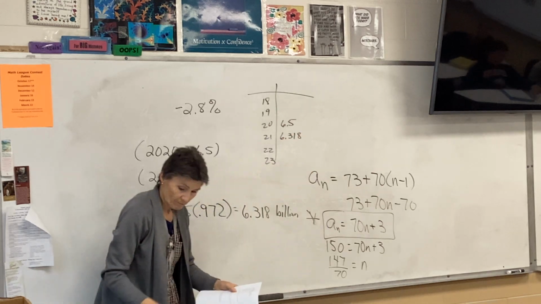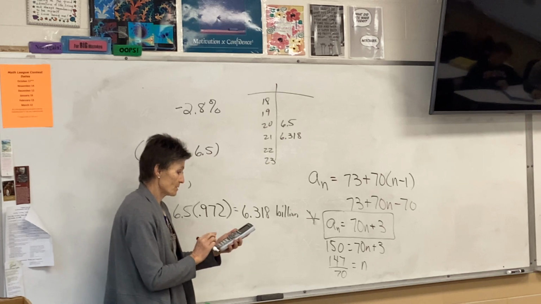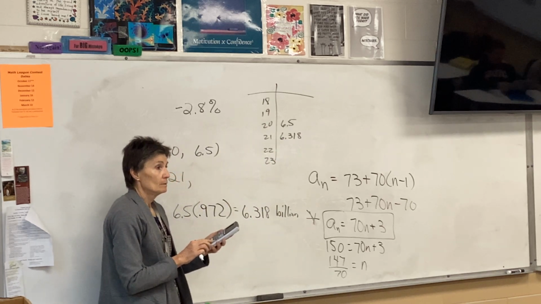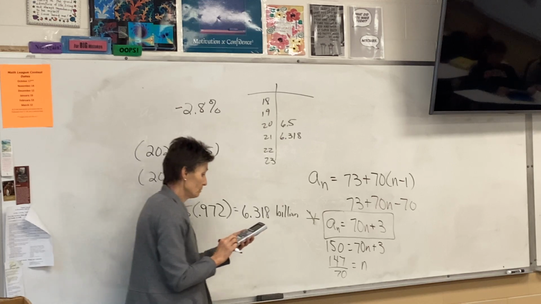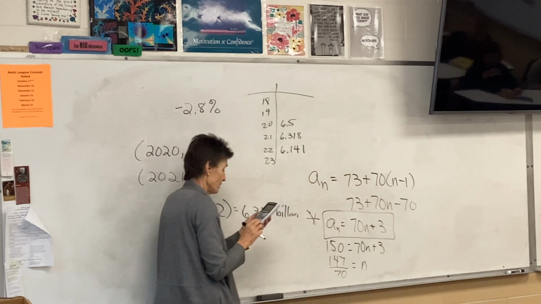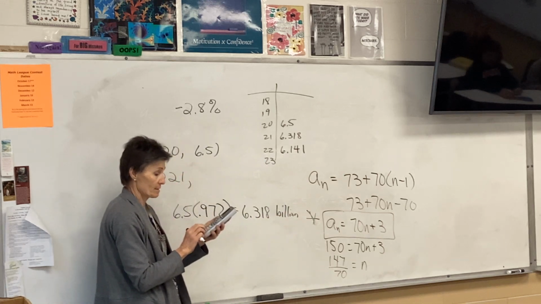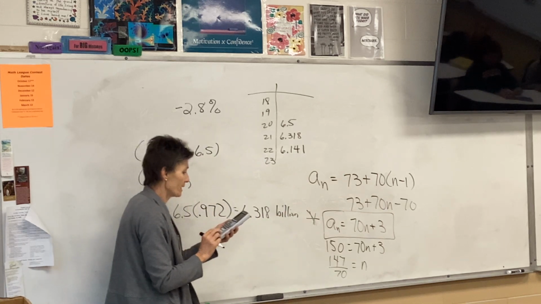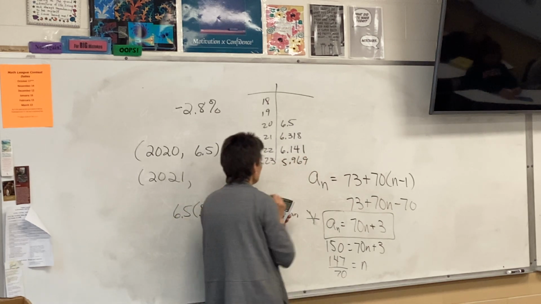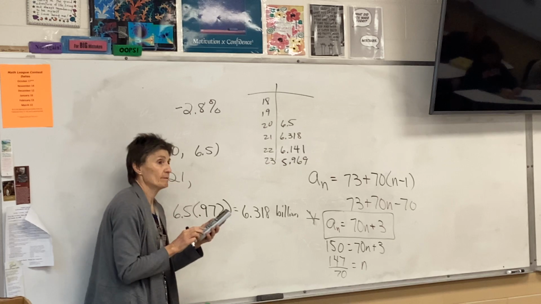All right, how can we find the rest of these numbers? How can we find 2022? Times 0.972. 6.141. And then take that times 0.972 again. 5.969, okay.